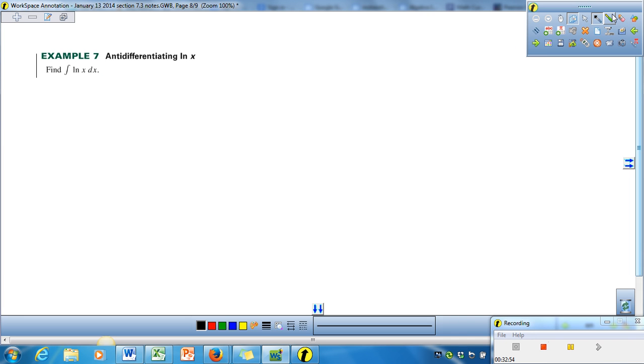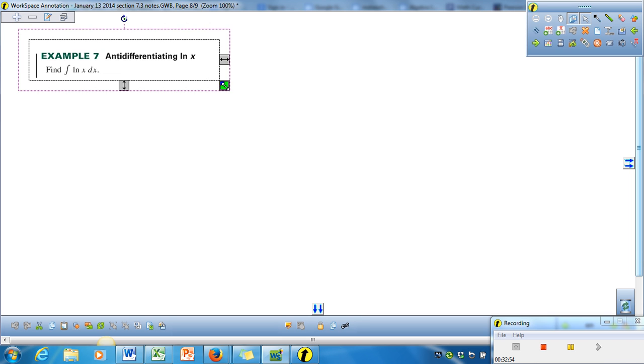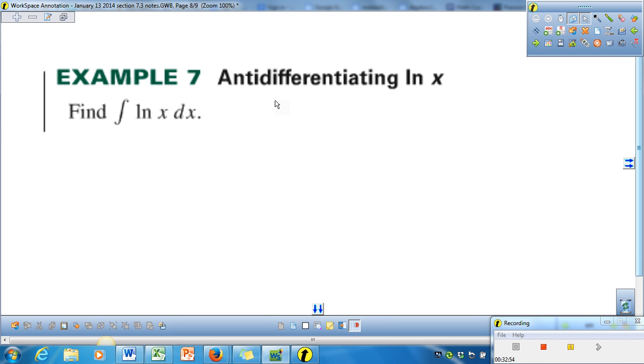Now, in the past, we have worked with the natural log. We all know how to take the derivative of natural log. Can anyone tell me what the antiderivative of natural log is? The derivative of natural log is what? 1 over x. Close to that.